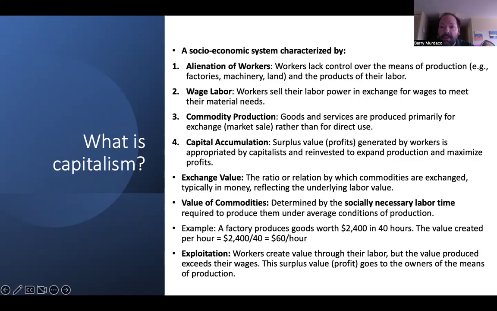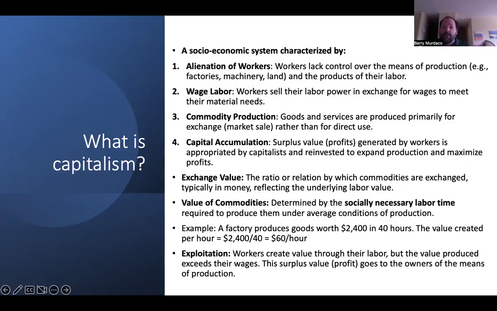In that sense, it means that workers lack control over the means of production, factories, machinery, land, and the products of their labor, the things that they actually produce by their labor. They don't own these things. They don't control these things in any way. There is this essential separation of workers from these things.